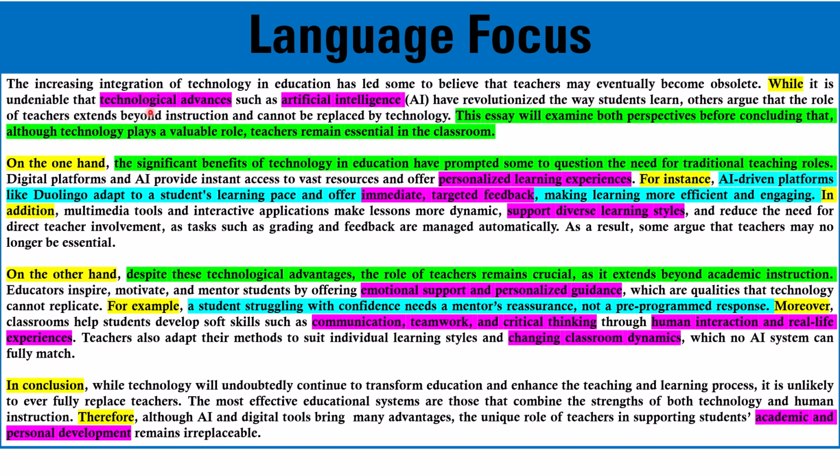Pink marks academic expressions and collocations such as technological advances, changing classroom dynamics, and critical thinking, phrases that improve your lexical resource score. Turquoise highlights the examples and evidence used to support each point. For example, Duolingo. Use this color guide to analyze how language, structure, and support work together in a high-scoring IELTS essay. You can apply the same strategies in your own writing.